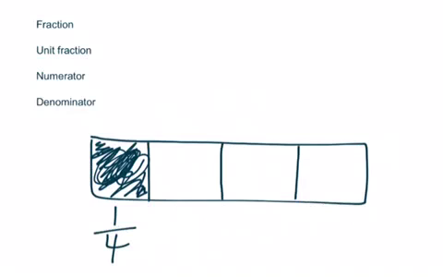So a unit fraction is what each individual piece represents. So this one is 1/4. This one is 1/4, and this one is 1/4. Our unit fraction is what each individual piece represents. Now, for it to be a unit fraction, the numerator, which we're about to learn, always has to be a 1.